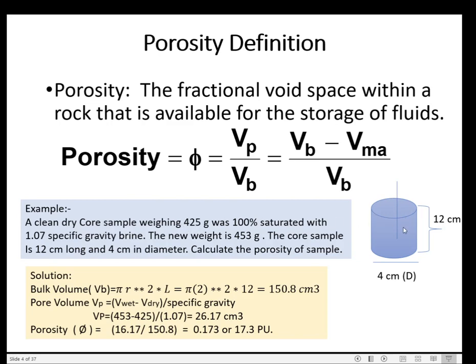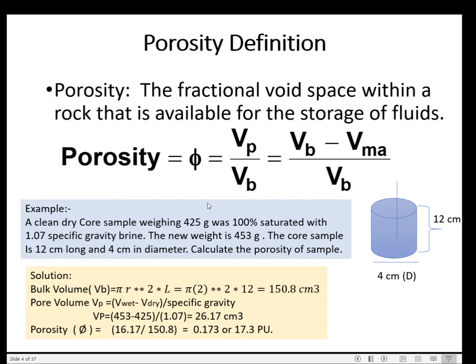After that, we saturated it with 100% water, and we found the weight 453. The specific gravity of the fluid is 1.07. So how can you apply this equation to get the porosity for this core sample?